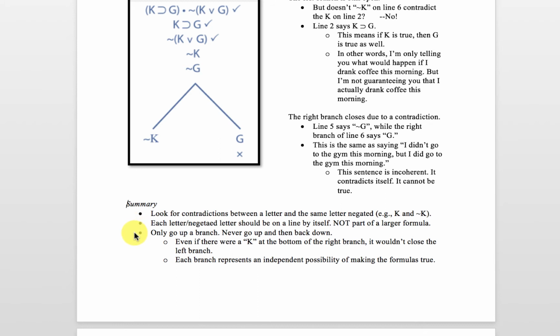Also, only go up a branch when you're looking for contradictions. In this case, when you start with the left branch, not K, and you are looking for contradictions, you can only go up. You cannot go back down a line because the whole point of branching is, again, to represent independent destinies. So that would be ruined if you're going up and down branches.